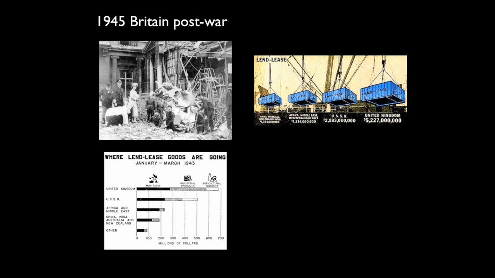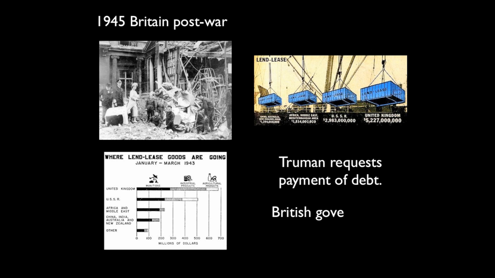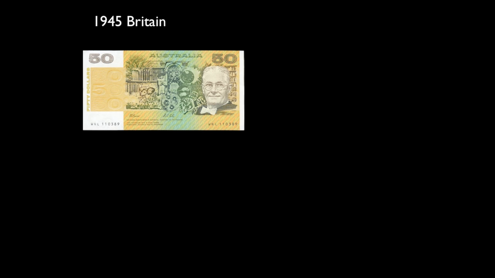In 1945, President Truman unexpectedly terminated the Lend-Lease scheme and requested that Britain repay the debt. This helped to bankrupt the British government, plunge the British nation into austerity, and confirm the end of the British Empire.